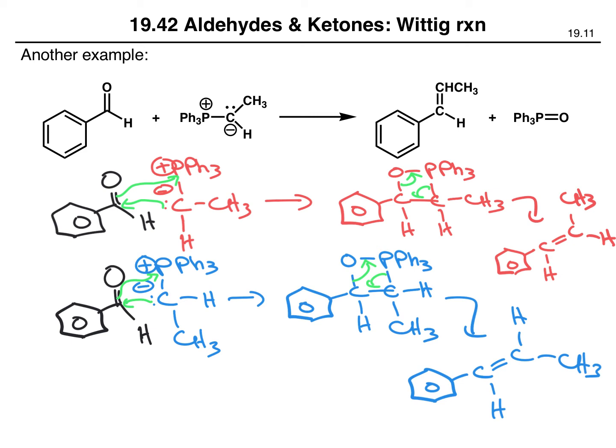Other conditions are better at giving a majority of trans over cis, and so there are alternatives that can be used. But for now, we're going to focus on using the Wittig as a way to make not just a carbon-carbon bond, but a new carbon-carbon double bond.